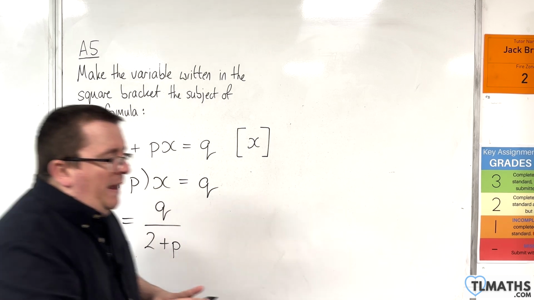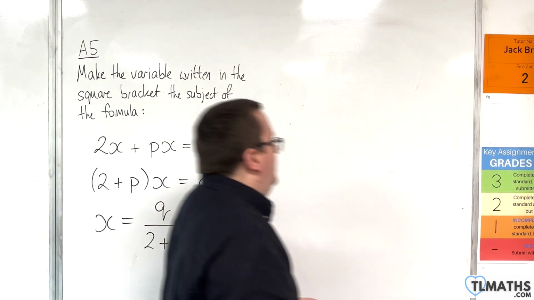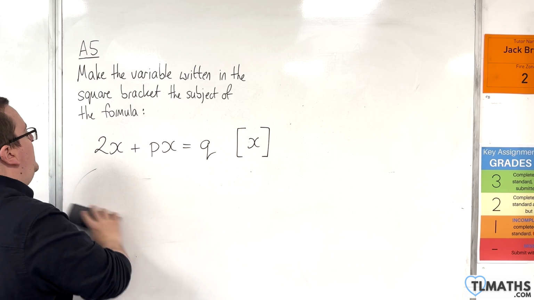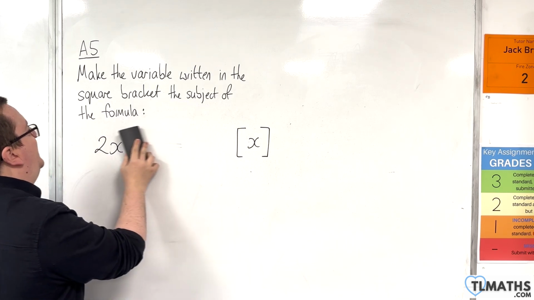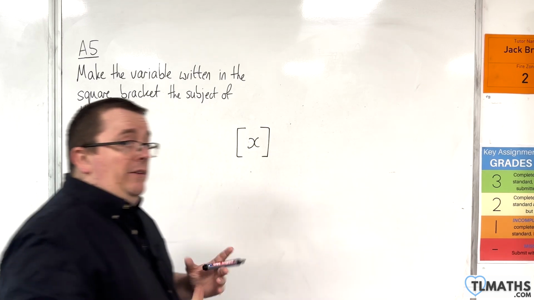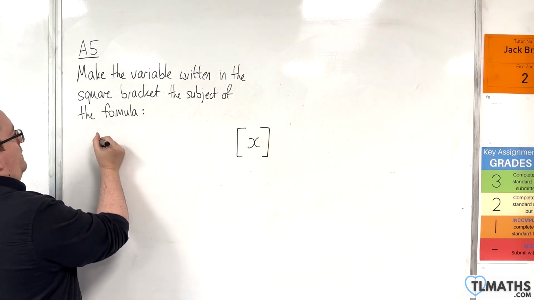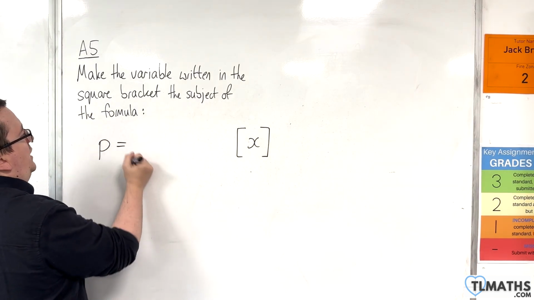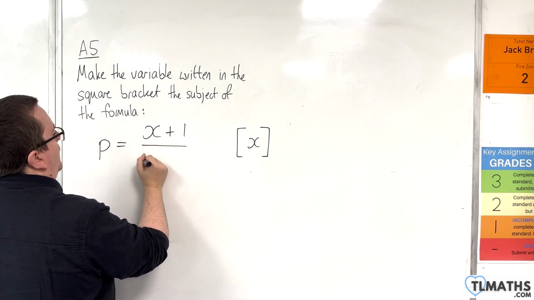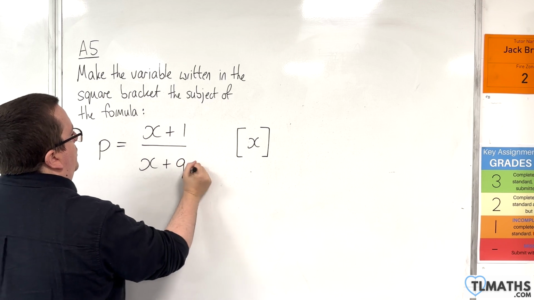Now, it may well be that we have a scenario where we need to do a little bit of rearrangement first to get to that step. So let's say, for example, that we have that p is equal to x plus 1 over x plus q.